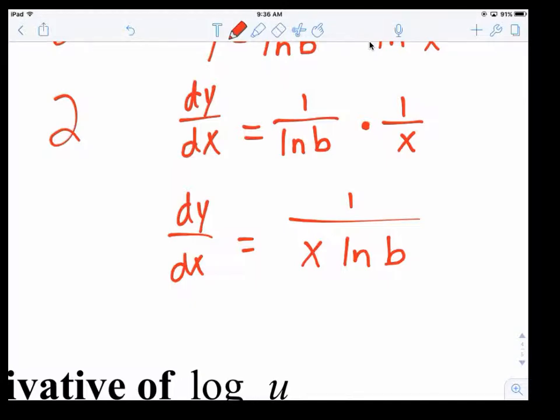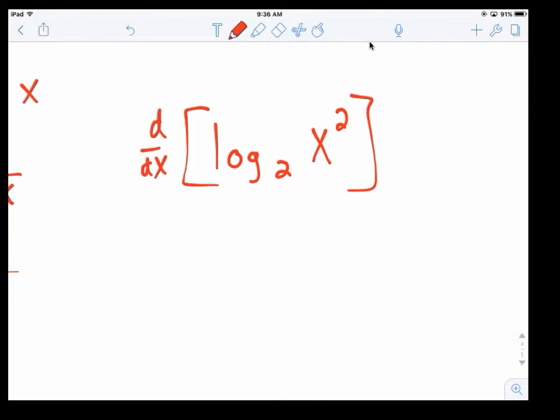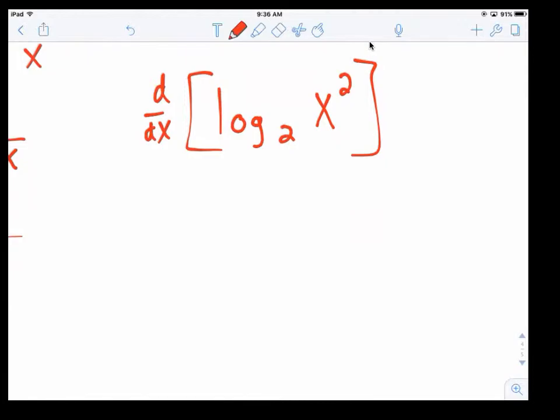All right, so if I had, say, the log of 2, say, to the x squared, right? The derivative there would be 1 over, we're taking the log of what?